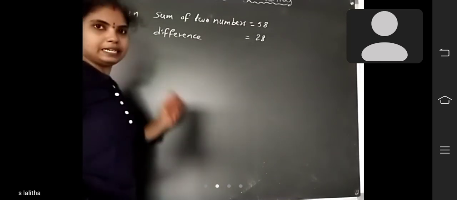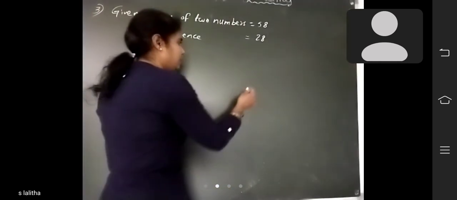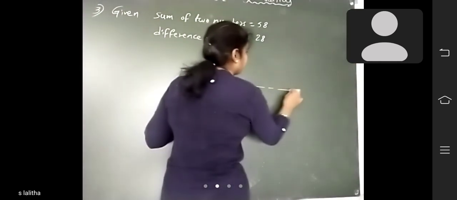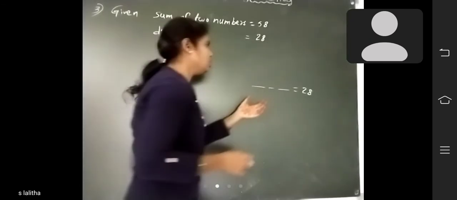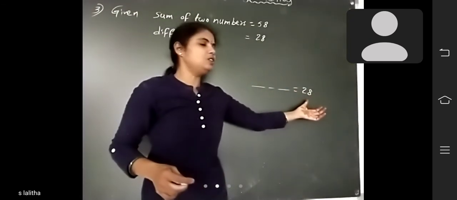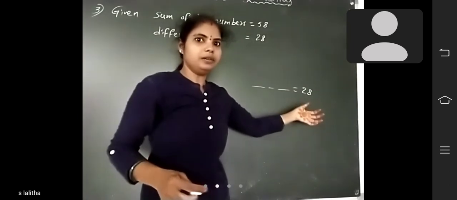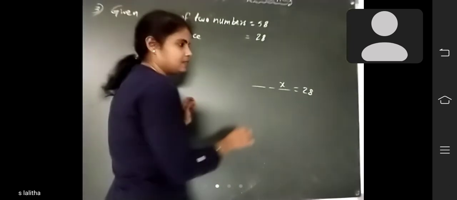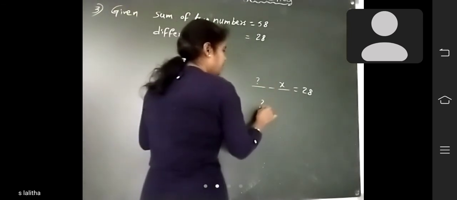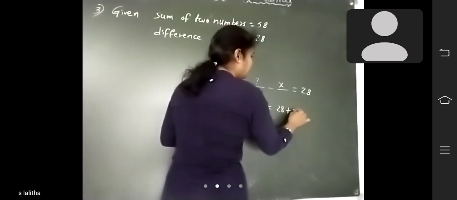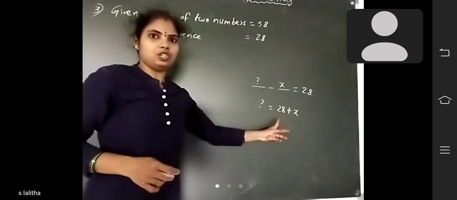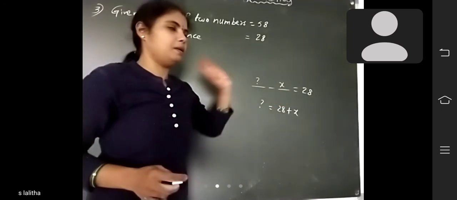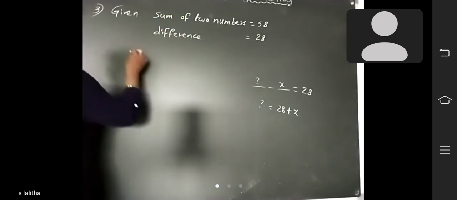So how can you write the statement as an equation, children? Difference given. So those two numbers' difference equals 28. Now suppose we are taking the smaller number as x. What is the bigger number? The bigger number is equal to 28 plus x, x plus 28 bigger number, and the smaller number be x.